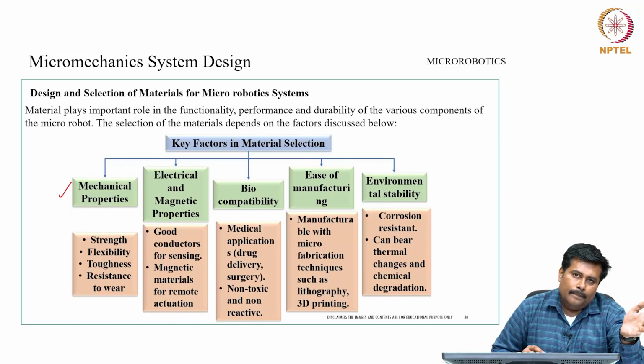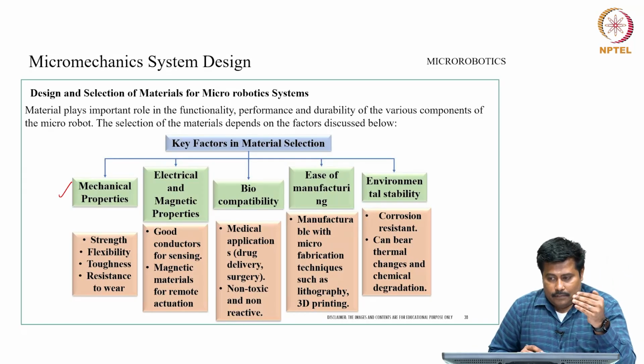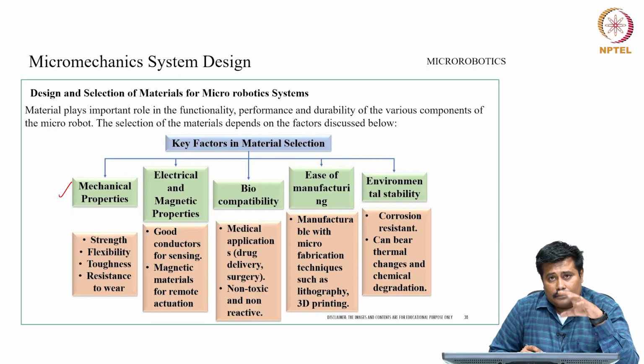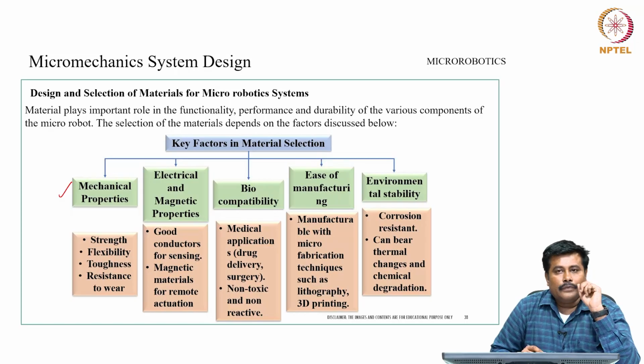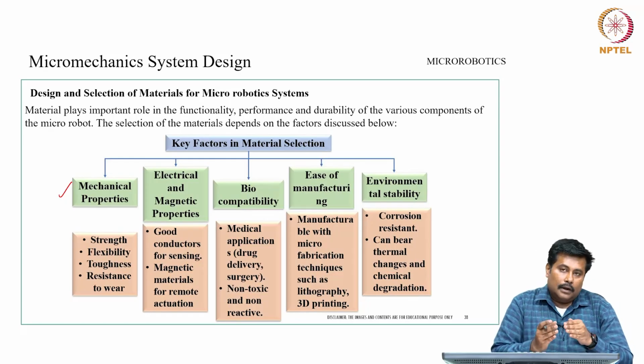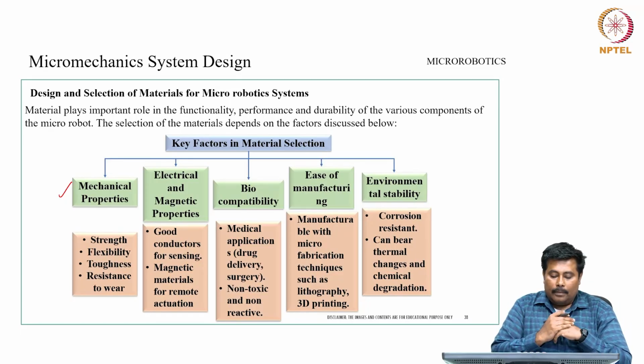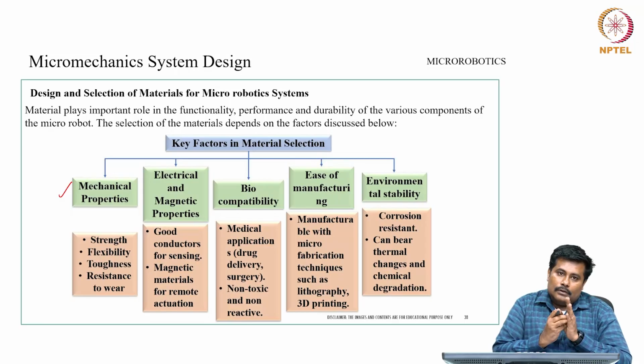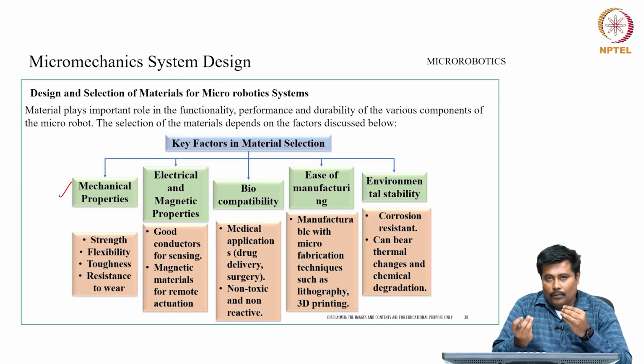So the material we select should have the capability: wherever the material is required, it should have appropriate electrical characteristics as well as appropriate magnetic characteristics. It should be a good conductor for sensing-related applications. And magnetic material can be incorporated into the system for remote actuation.